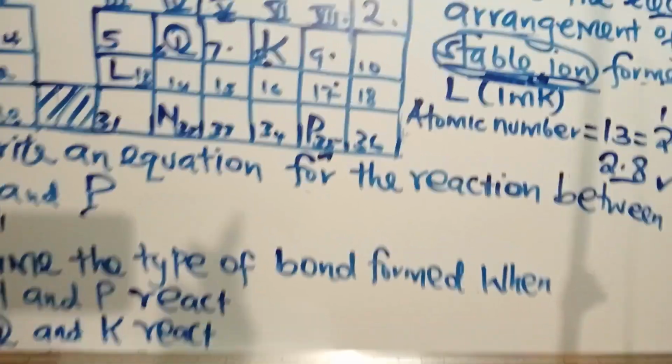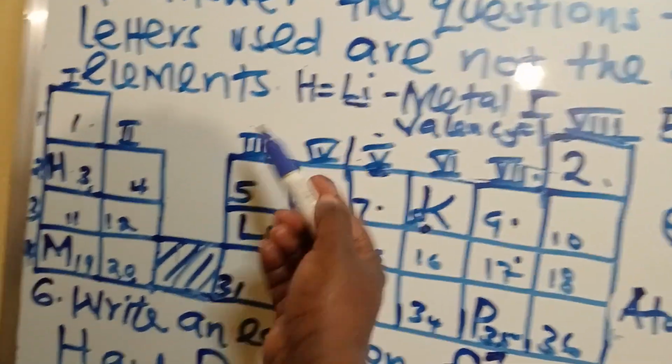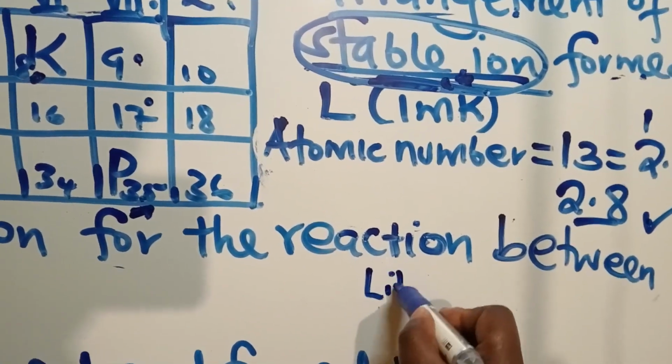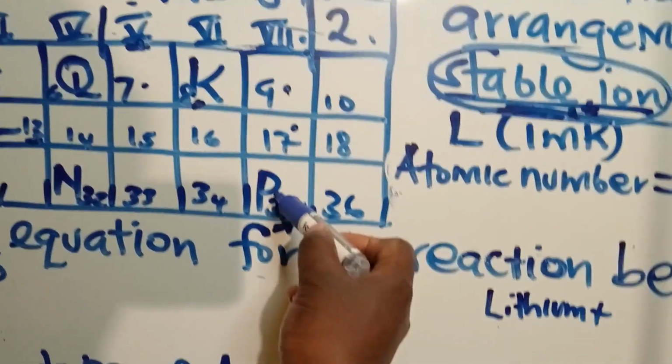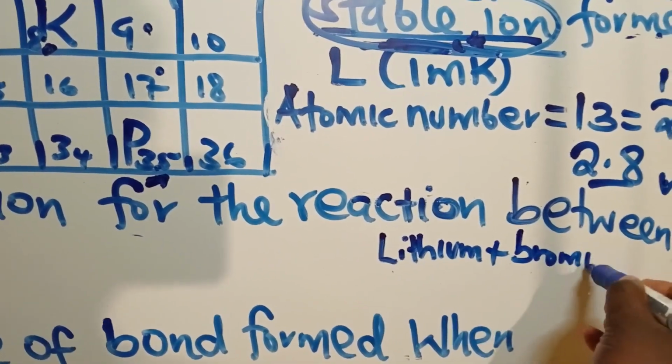So we first of all write the word equation. We already said that H is lithium with atomic number 3, so we write the word lithium here. Then the identity of P is bromine, so we write bromine there.